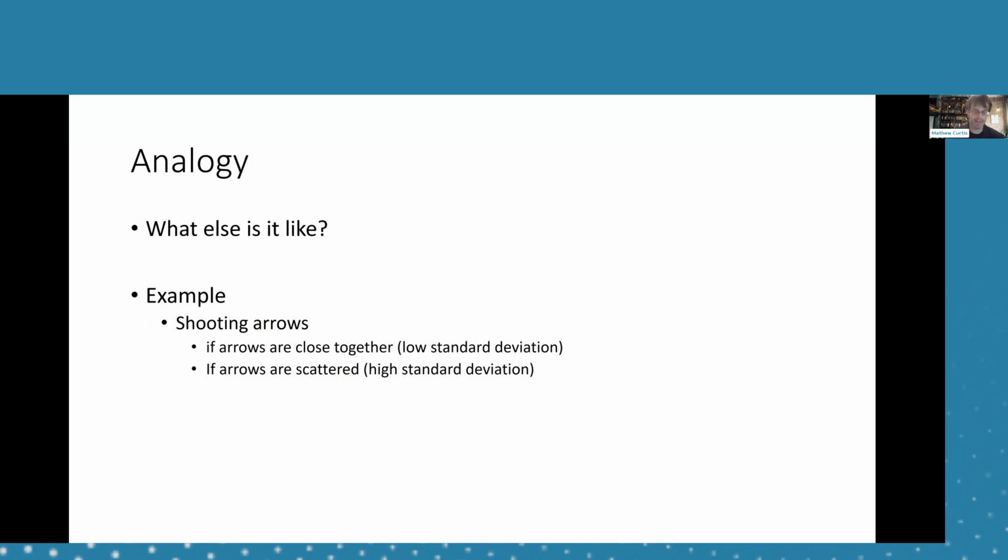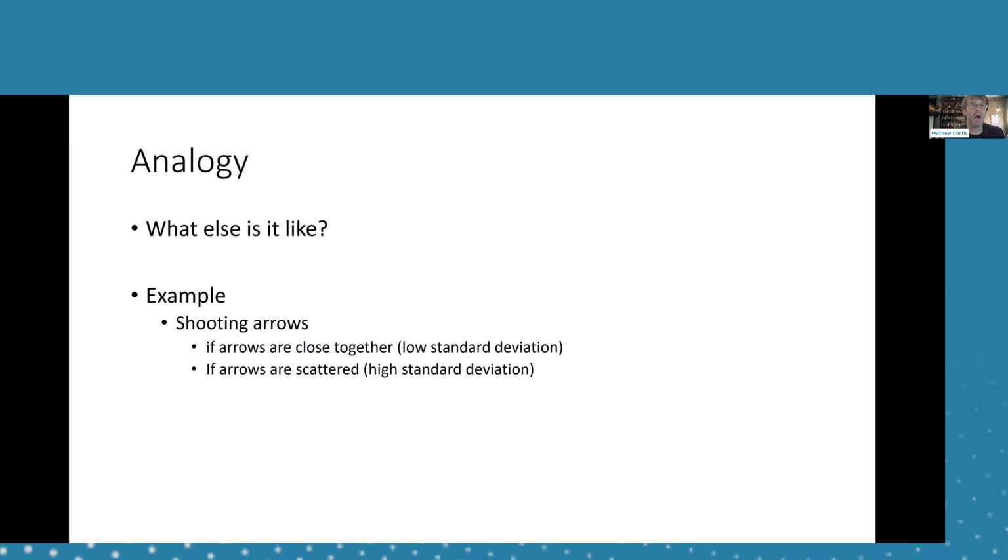If you shoot arrows and they are all clustered together, that means you have a small standard deviation. If when you shoot your arrows there's a wide dispersion and wide range of accuracy, that would mean you have a high standard deviation. Even if you haven't thought about standard deviation in 20, 30 years, hopefully this reminds you or shows you an example of what standard deviation is.